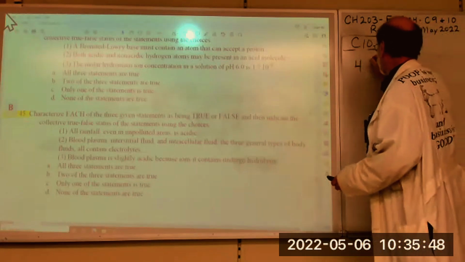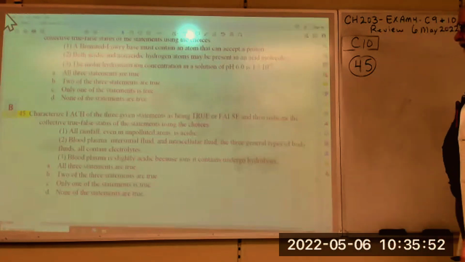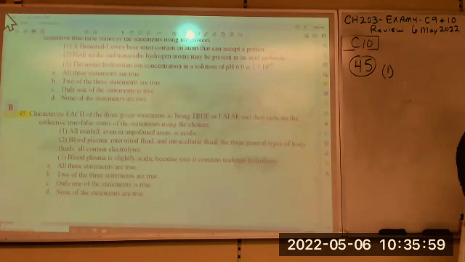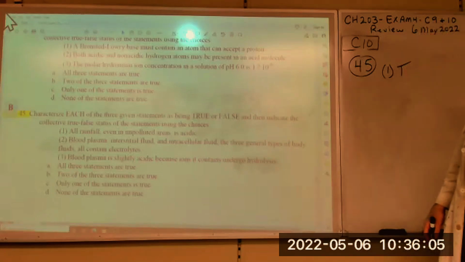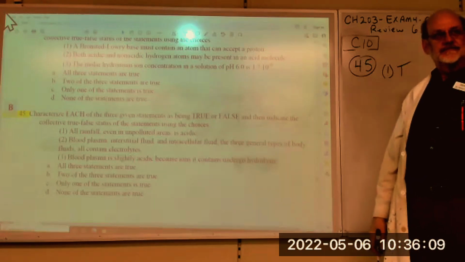45. Give them time, okay. 1, all rainfall, even in unpolluted areas, is acidic. True. Right. All it has to do is dissolve some carbon dioxide, makes carbonic acid.